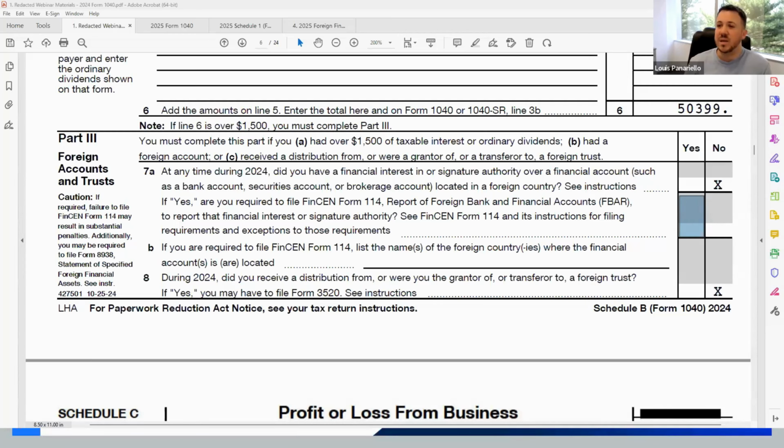So that would be the rare instance where you can opt to itemize even if you're not reaching the total standard deduction of $31,500 combined between the two.